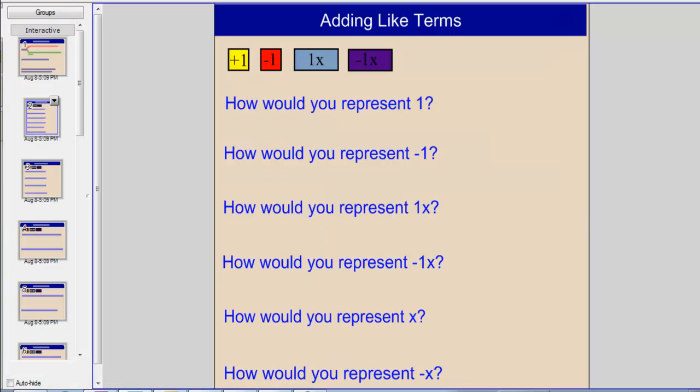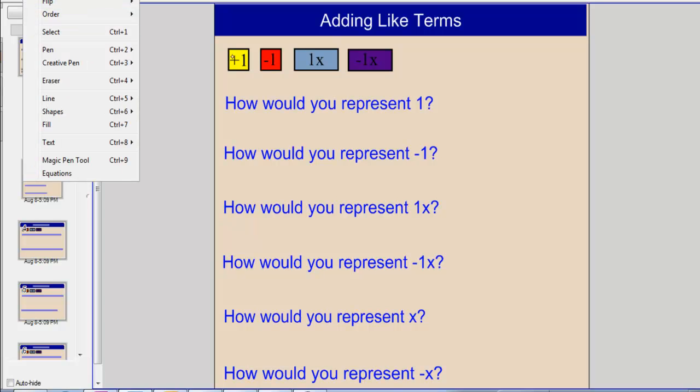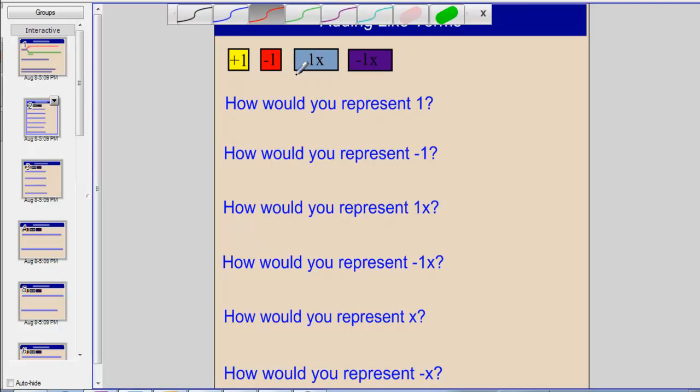Notice that here I'm allowing positive 1 to be represented by a yellow square. We'll call that a chip. And then I'm allowing negative 1 to be represented by a red chip, and I'm allowing 1x to be represented by blue and negative 1x to be represented by purple.